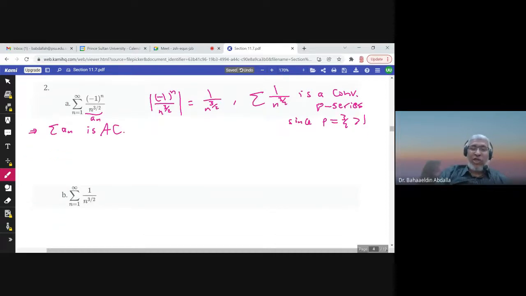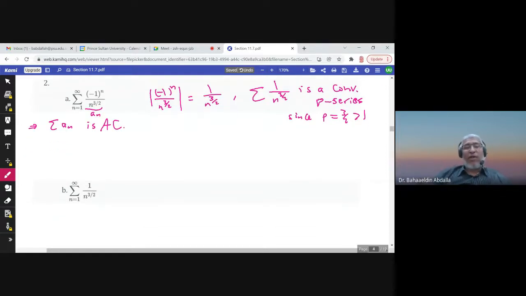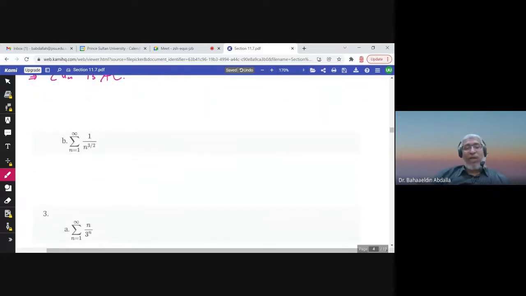So summation an is absolutely convergent. Please check section 11.5. There are many examples like this one there. And this one is a convergent p-series, since p is 3 over 2 greater than 1. And of course, this is also absolutely convergent if you like, because all the terms are positive.